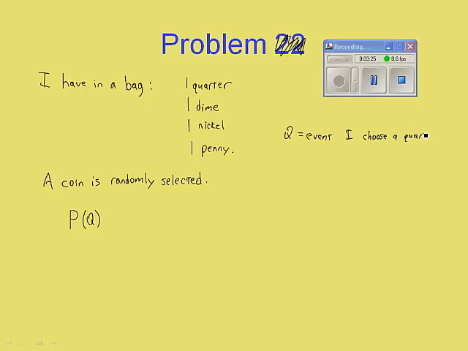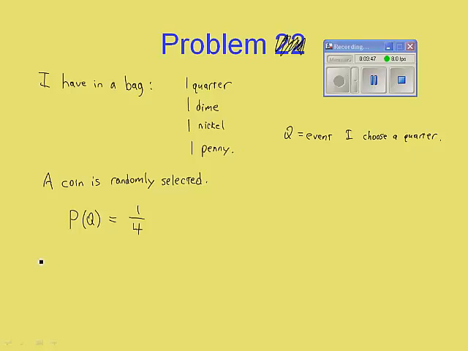Right? So what's the event that I choose a quarter? That means I reach in the bag, I pull out one coin. What would be the probability of Q according to our theory? 1 out of 4. Who follows that so far? Right? Because we said randomly.